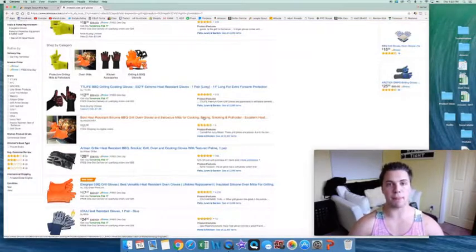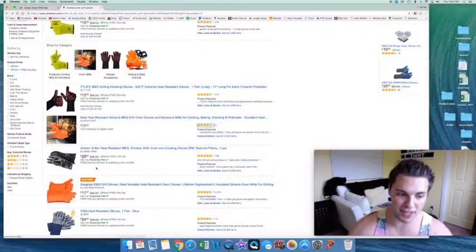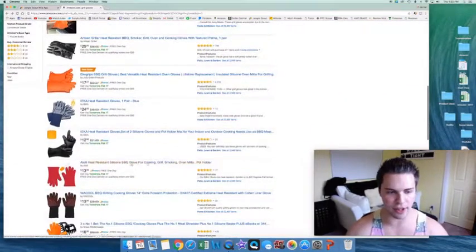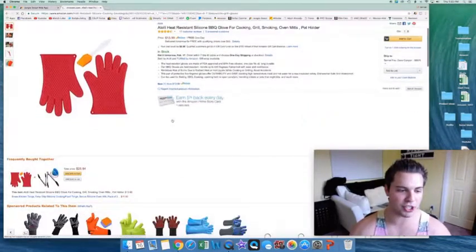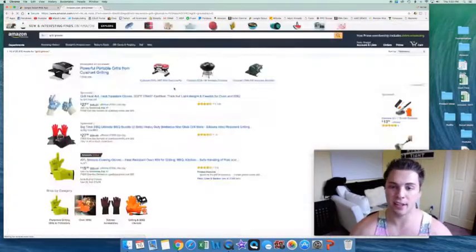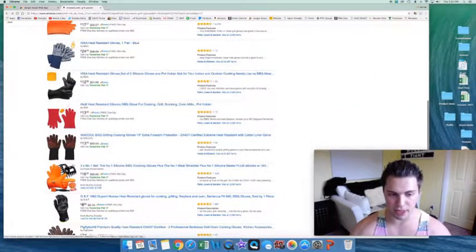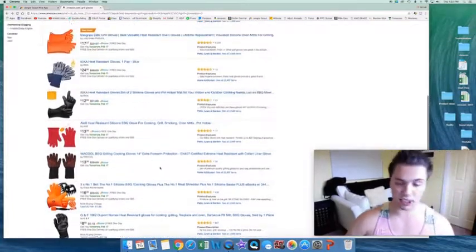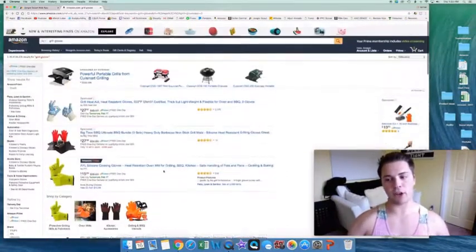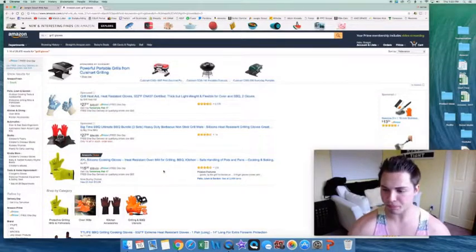You just have to make sure it's something people actually want with the other thing and that it's correlated. If I just saw something different on all of these, then I wouldn't go after that. But on pretty much all of these, okay, tongs again. So you can make a whole grill set. This guy made another grill set. He found the meat shredders again. But you can do that with any product you find. Look if you can bundle something cheap together.